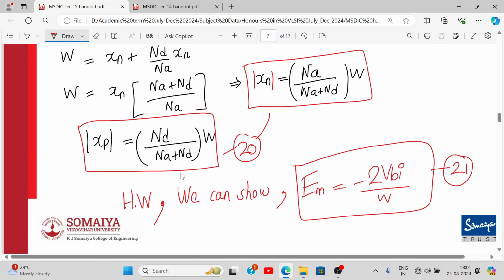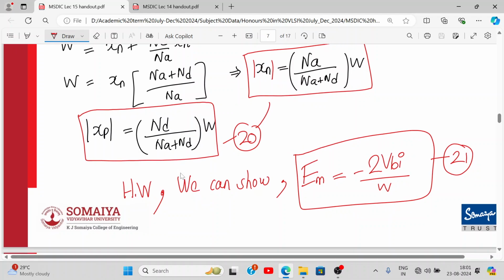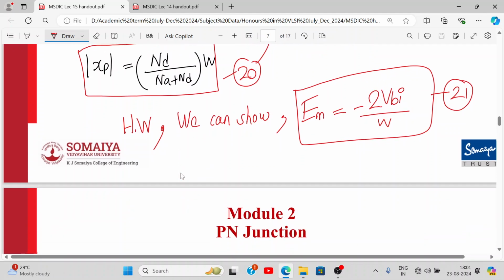EM is the maximum electric field. What is VBI? Built-in potential. And W is the space charge width. I'll give you a document wherein all this information is there. You need to just refer to it. Okay?